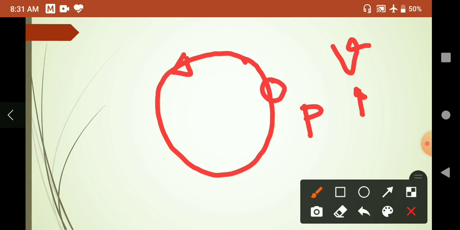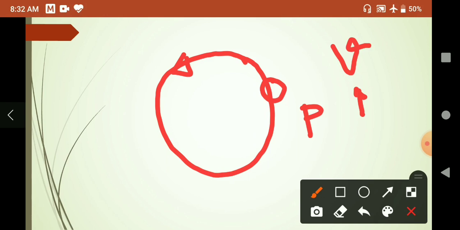What will be the direction of the velocity? We know that when a particle undergoes a circular motion or a curvilinear motion, the direction of velocity of that particle will be tangential to the path taken by the particle at that point. Understood?